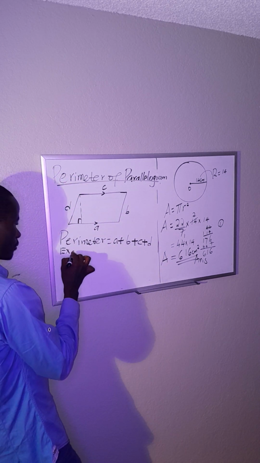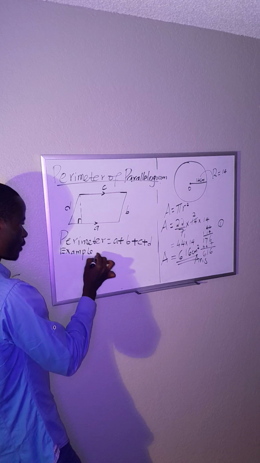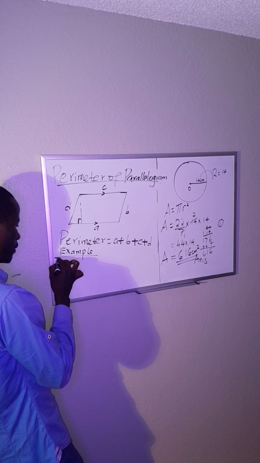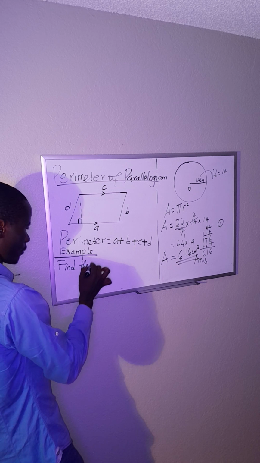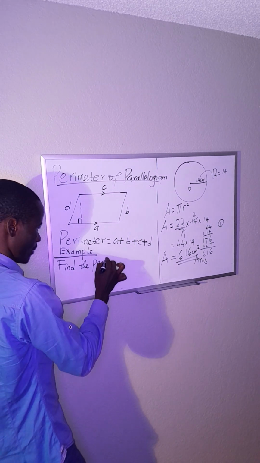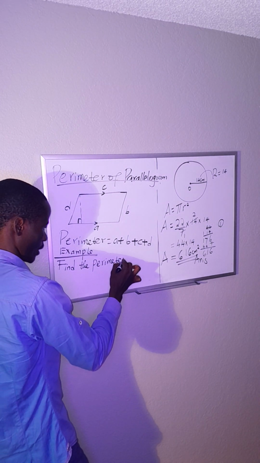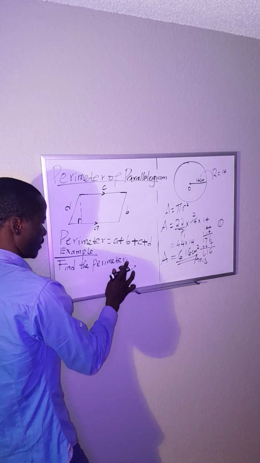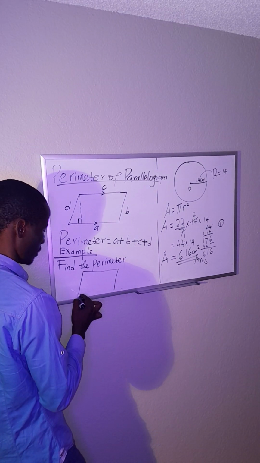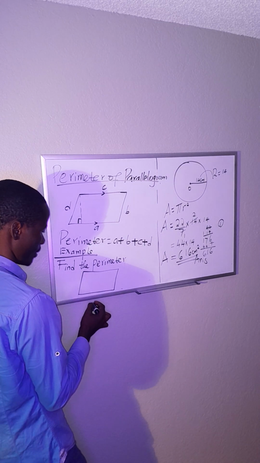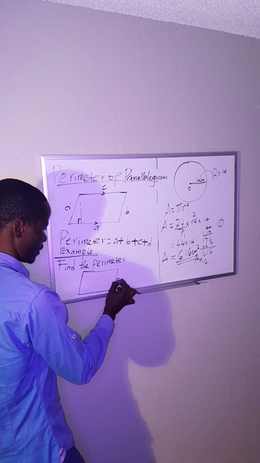Example, find the perimeter. Let me say this side of my parallelogram is 8.